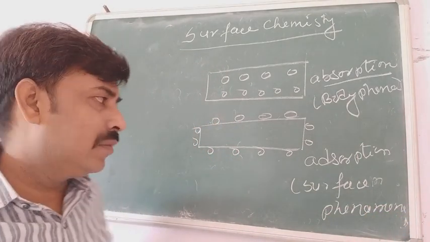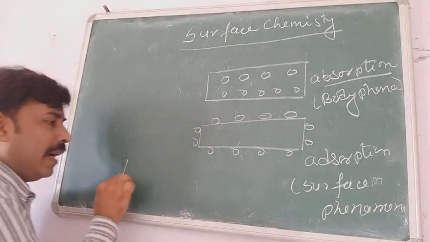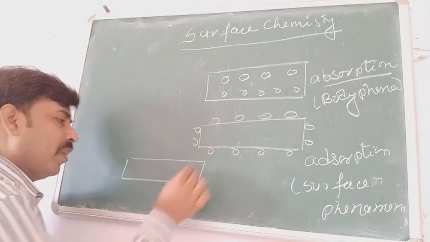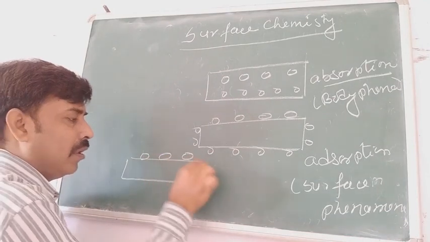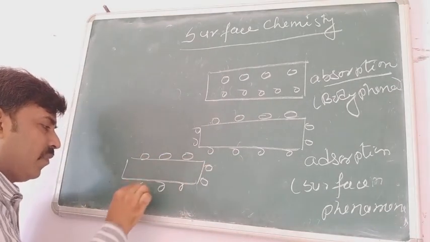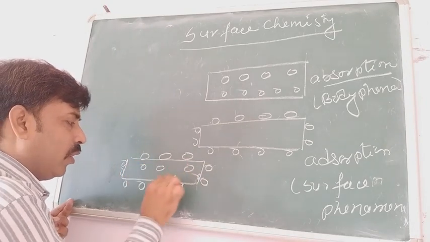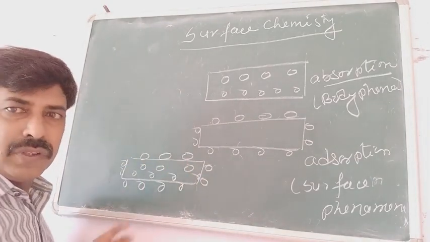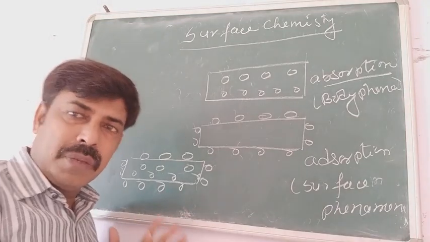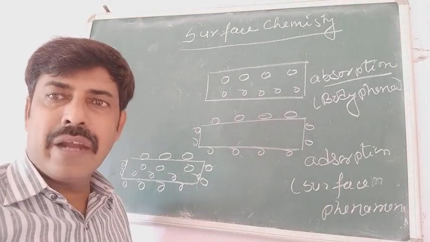There is another condition, that the liquid approaches within the system as well as on the surface of the system. That means this is a combination of absorption and adsorption.